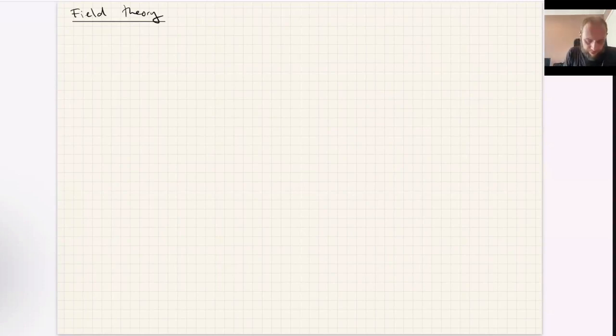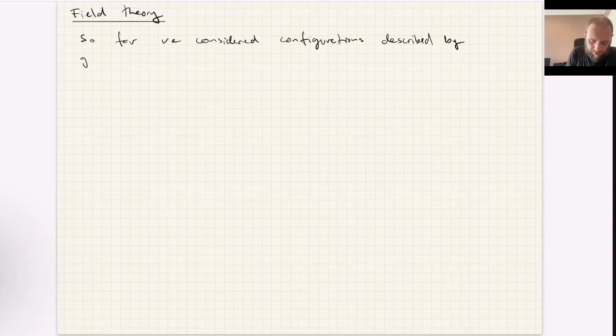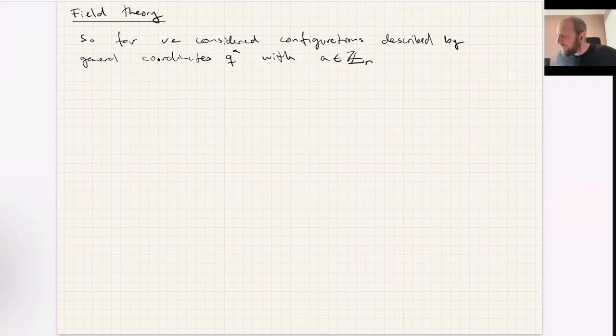So so far, what we considered were configurations described by some generalized coordinate q^A, with the index here taking some discrete values in some finite integer set.